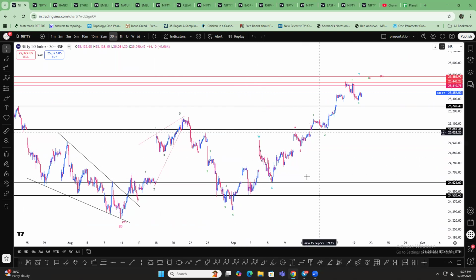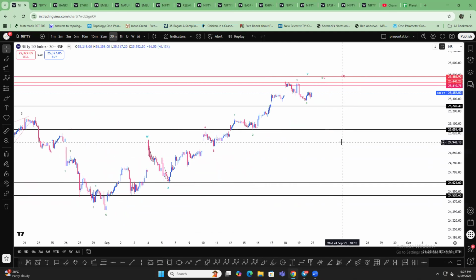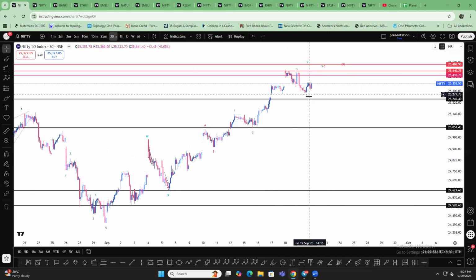So everything is a three-wave move, and now this 1, 2, 1, 2, 3, 4, 5. So this is A, or ABC means three-wave, A, B, and C is in progress. In that C, we have completed 1, 2, 3, and see why I am marking this as 4.